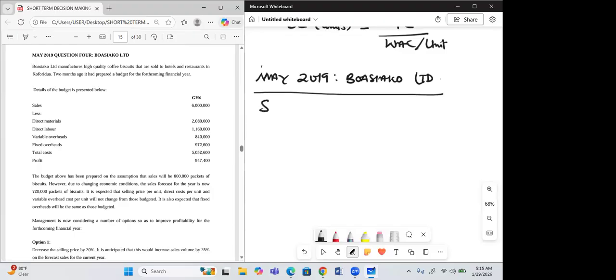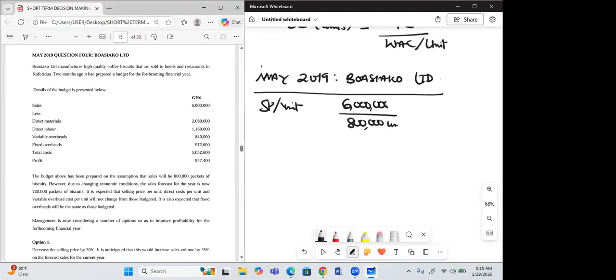The selling price per unit: when it was 800,000 units, the revenue was 6 million, divided by the quantity of 800,000.